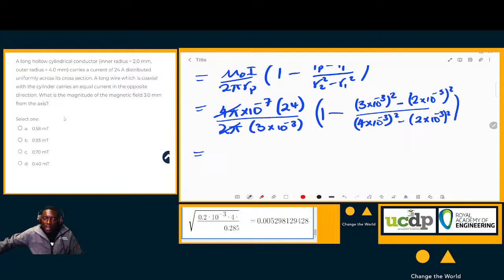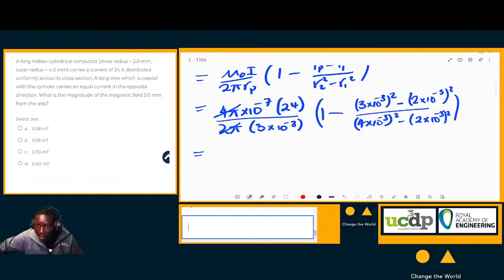So we can evaluate that. We have our calculator with us here. Let me see how that calculator will look. So this is 24, I'll make the first fraction: 24 times 10 to the power of negative 7 divided by 3 times 10 to the power of negative 3.